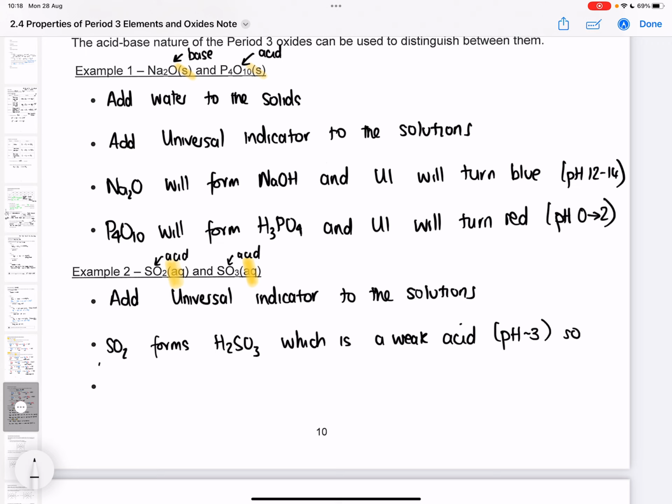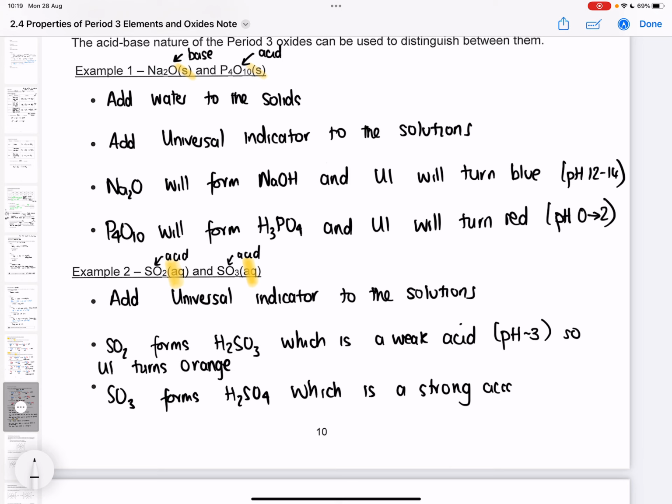So the universal indicator turns orange rather than red, whereas SO3 forms H2SO4, which is a strong acid. So pH 0 to 2. So UI turns red. You could use a pH meter here to get more accurate results.